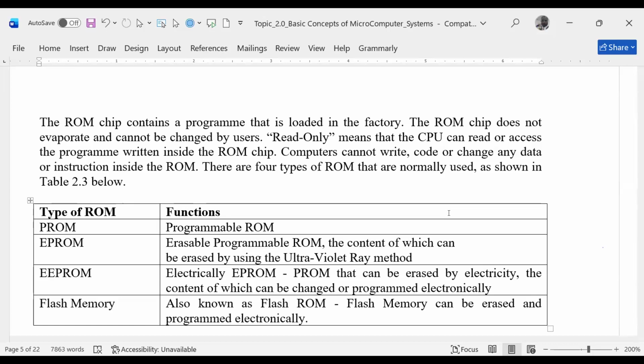So this ROM chip contains a program from the manufacturer, and the content cannot be erased by anybody. If the content can be erased by someone, the moment you manufacture your keyboard, or any component of yours, somebody can go there and change that he or she is the owner. But here, no, nobody can change it.